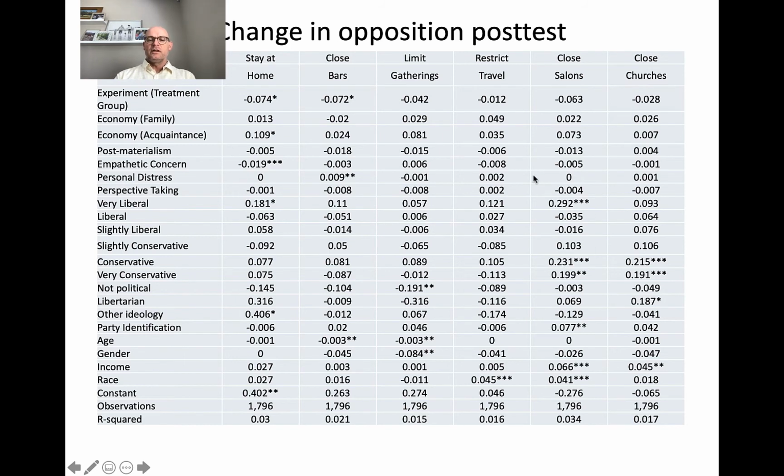But if you look across all of these, horizontally across the tabs, there's no solid, consistent, robust predictor of these particular types of closures, or of all these different measures of restricting the economy or protections for COVID.